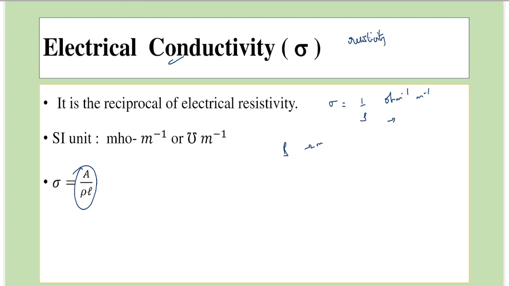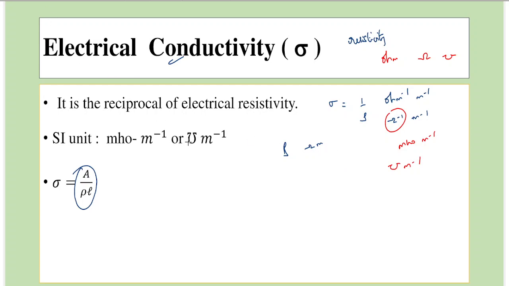It becomes per ohm per meter, and this is called mho, because the inverse of ohm is called mho. It becomes mho per meter. We wrote this as ohm. Its inverse is something like this. So it is written as mho per meter. So this is the SI unit of electrical conductivity.